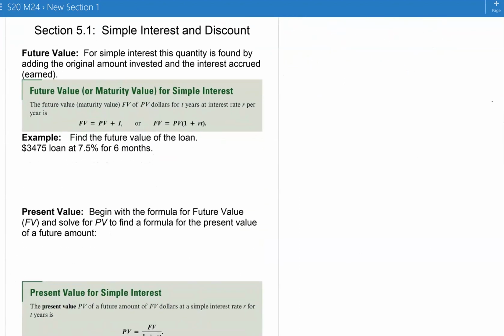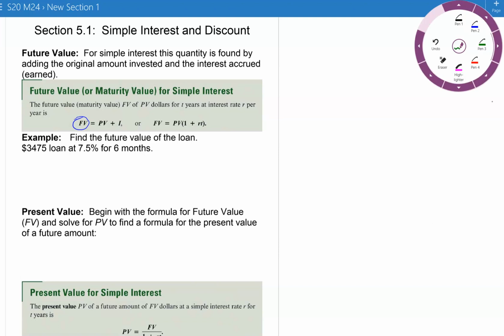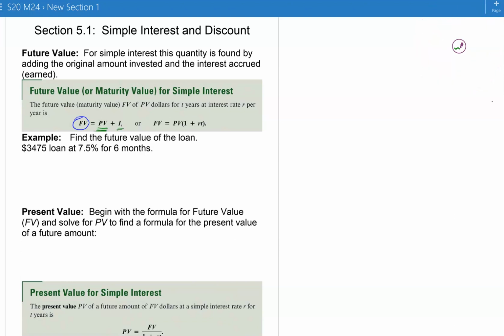Okay, future value. Suppose you lend out some money and you collect it back with interest, then the amount that you collect is called the future value. Again, even though this has 2 letters, it's representing one number. So if I lent out $100 and I collected $5 of interest, my future value is $105.